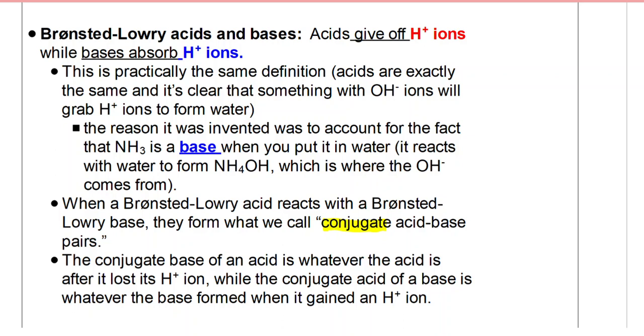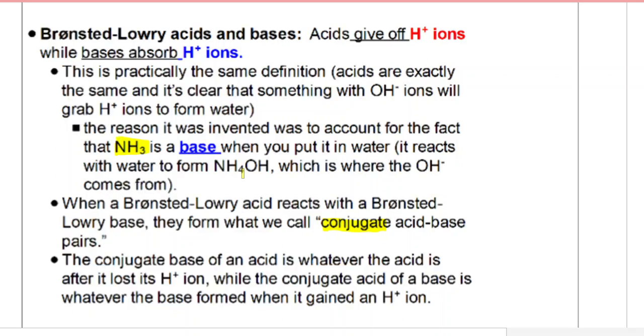So the big difference here is when you are looking at the bases. The reason they came up with this was because of ammonia. Ammonia is NH3, and according to Arrhenius' definition, it is not going to be considered a base. So they added this definition to help, because when you put it into water, it's going to become ammonium hydroxide, where you form a hydroxide.